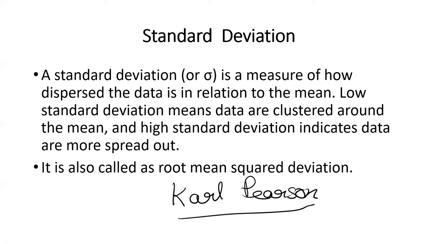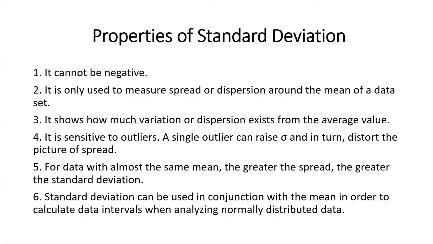When the data is away from the mean, the spread is greater, and this is denoted by a greater value of standard deviation. I hope this is clear. Another name for standard deviation is root mean square deviation, and it was coined by Karl Pearson.